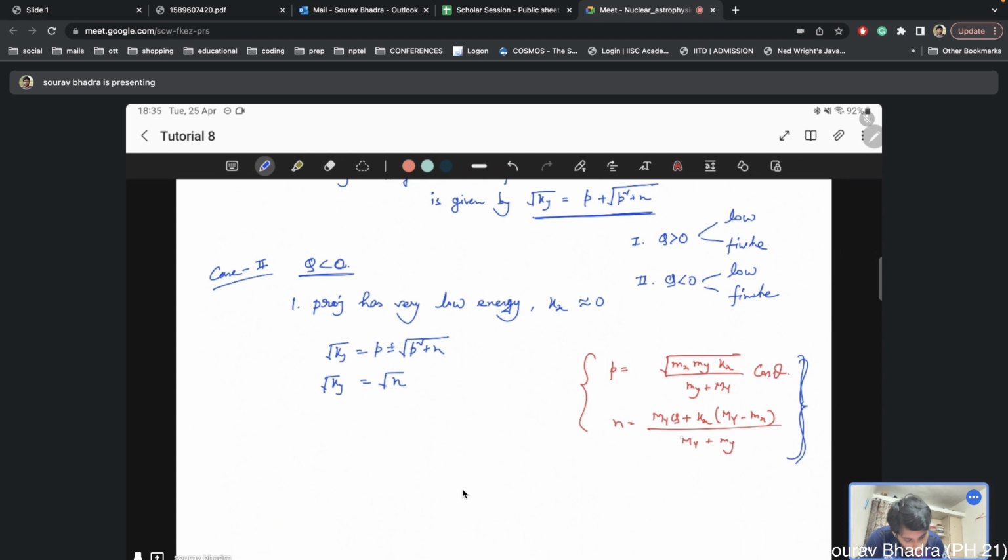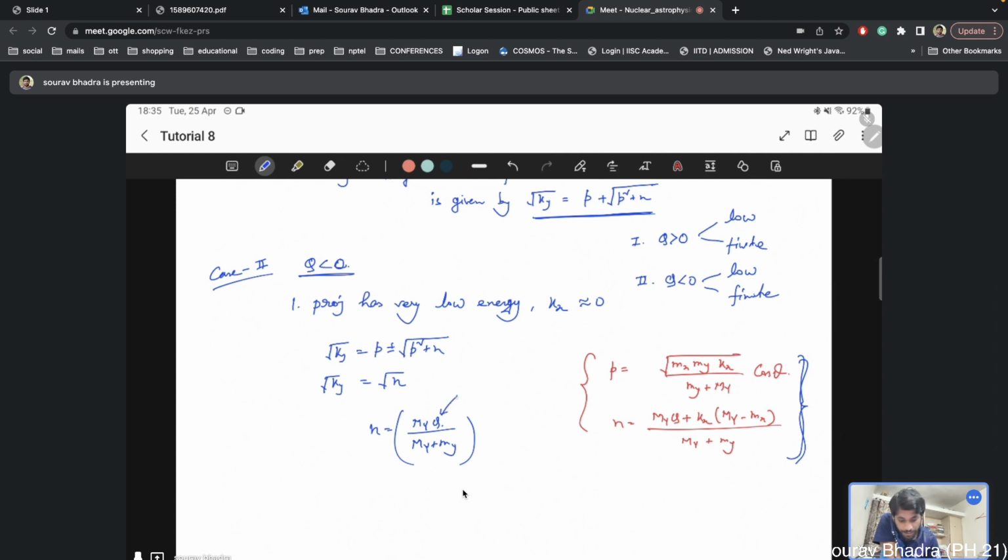Now if your kx equals 0, understand it quite well. That means this term is 0, right? This term is 0. That means your n is myq by my plus my, and in this case we have considered q is less than 0.